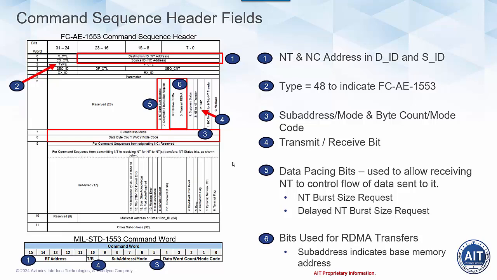What that would indicate is that the subaddress word 7 actually indicates a base address in memory in the receiving network terminal where the stream of data is to be written in contiguous memory. So it's indicating that we're doing a memory transfer at the base address indicated in the subaddress word of the command sequence.